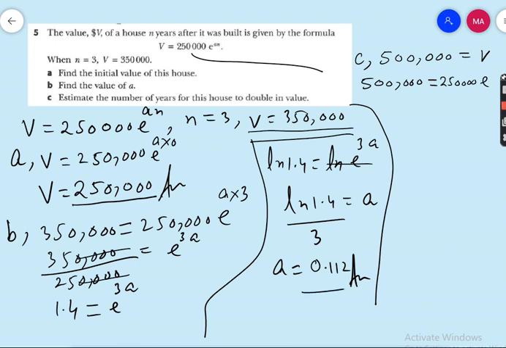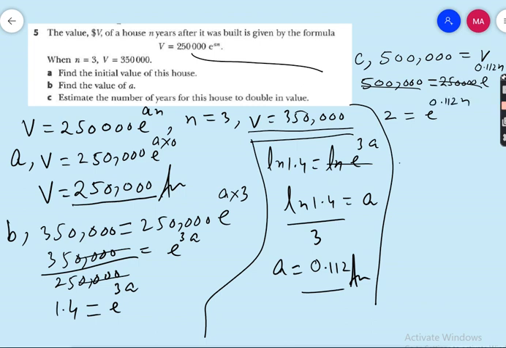We have already found the value of constant a, 0.112 n. So 250,000 multiplied by 2 you will get 500,000.